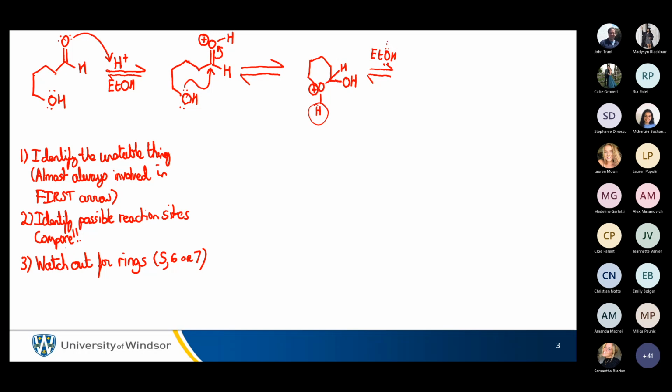We're going to do a trade where a molecule of ethanol is going to pick it up. So ethanol has become positively charged.